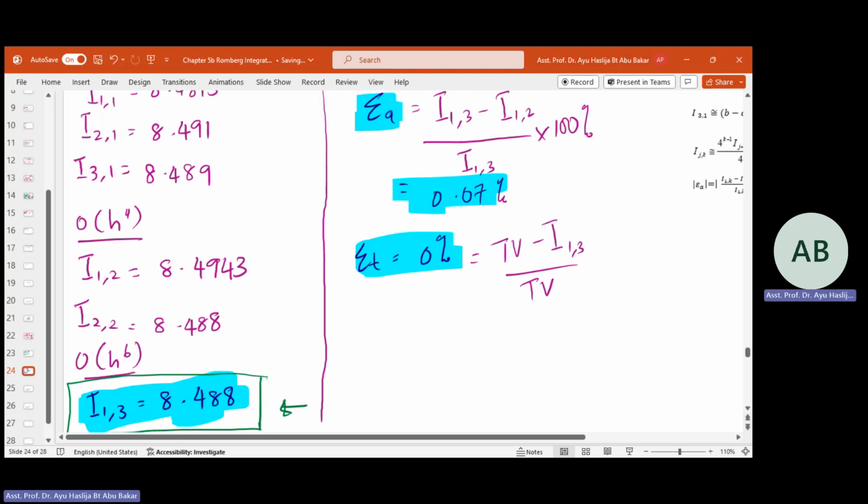EA, meaning that from I13 and I12, what is the difference? Okay, the approximate value. And then I22, I13. Remember the question asks you to find all EA and ET.